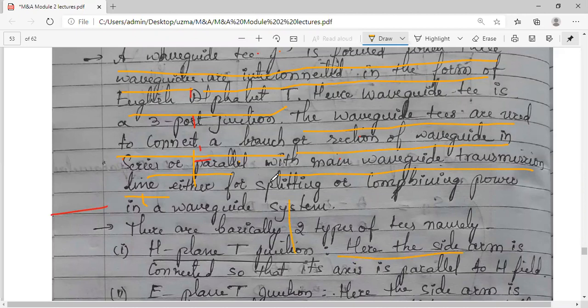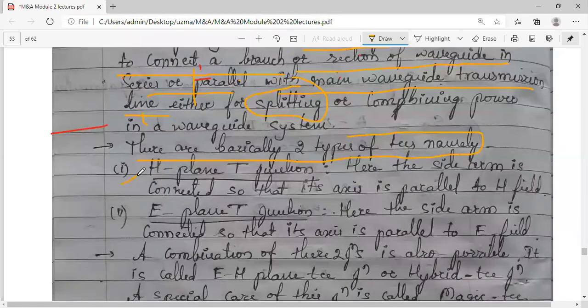Why do you use these waveguide T's? There are majorly two advantages. One is that waveguide T's act as power splitters, or they act as power combiners. So these are the two advantages. Then coming to the classification, just now you have seen two different figures. There are basically two types of waveguide T's.